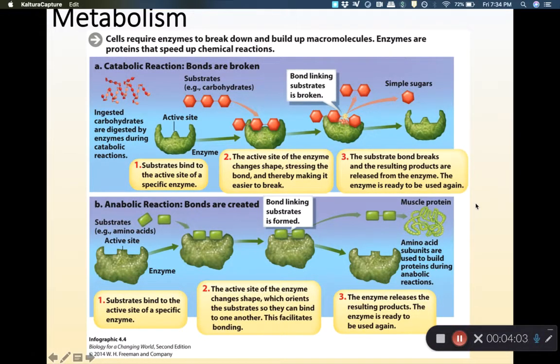So enzymes are a chemical protein that is enabling reactions, either catabolic or anabolic, to speed up the reactions and either create more complex molecules or create more simple sugars, either by destroying bonds between substrates or creating new bonds.